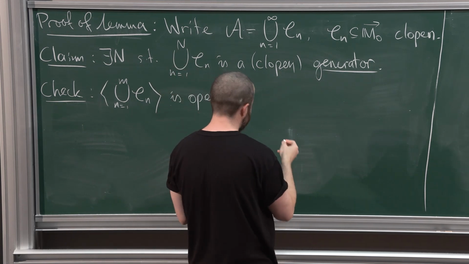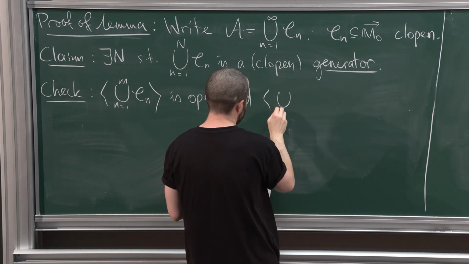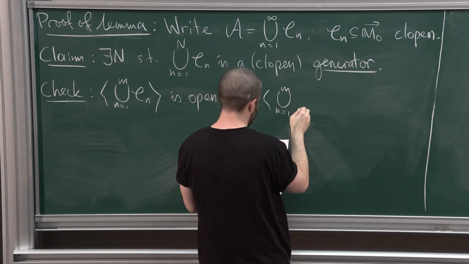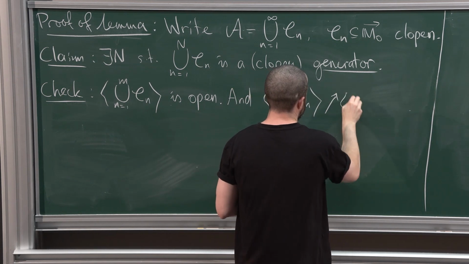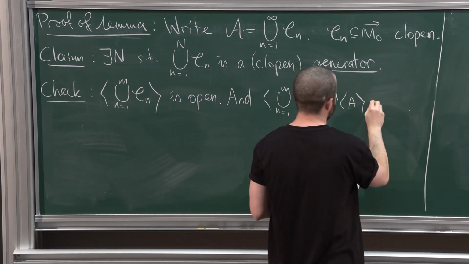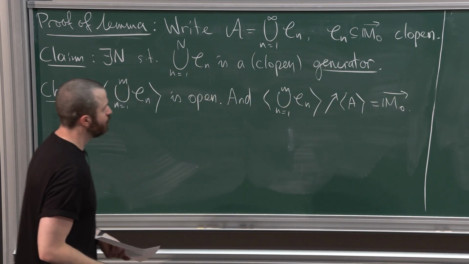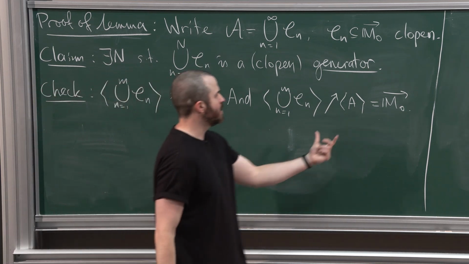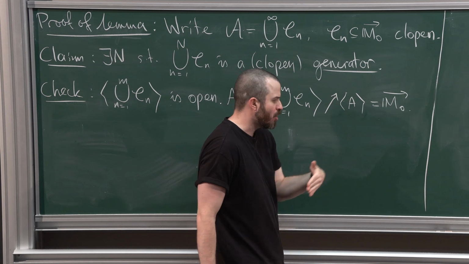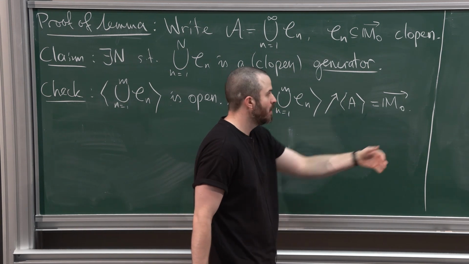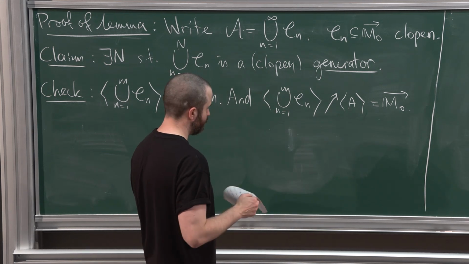And moreover, this is increasing to what A generates. But A is a generator, so that's the whole thing, all the arrows. Right? If you give me some element in what A generates, I can express it as a finite product of arrows in A. And so eventually it's going to be in one of these guys.